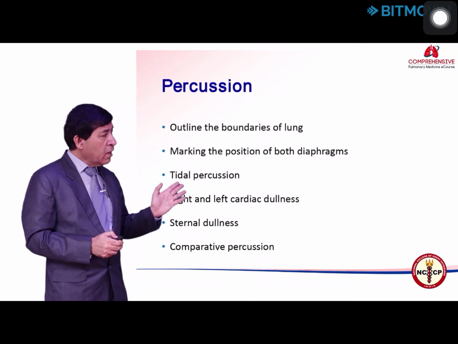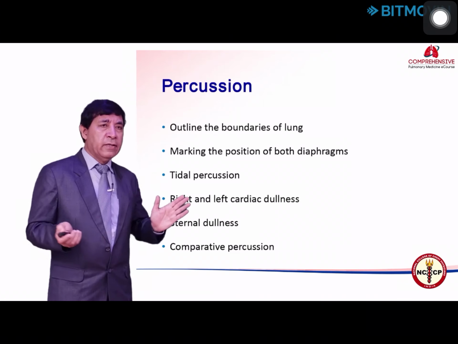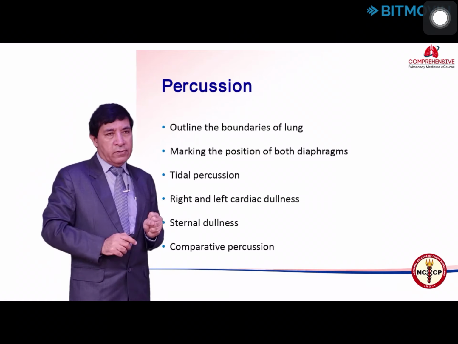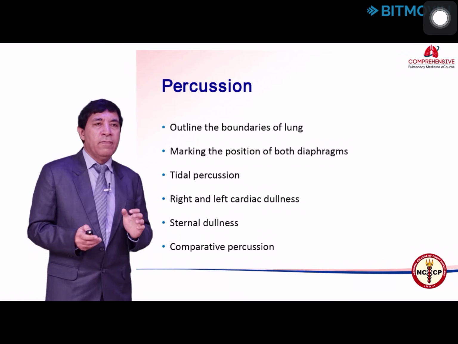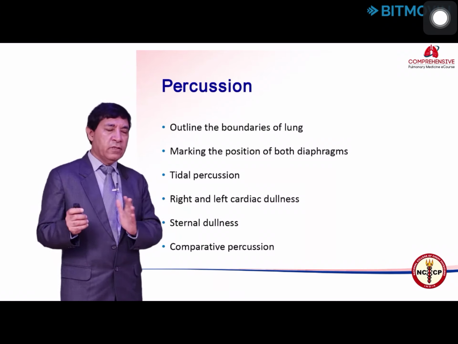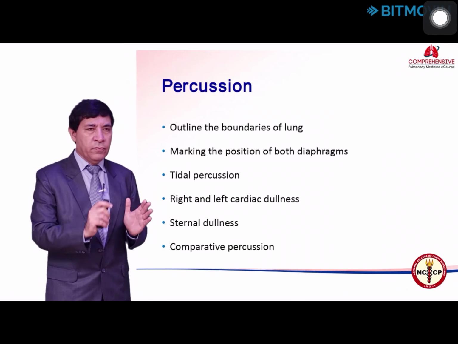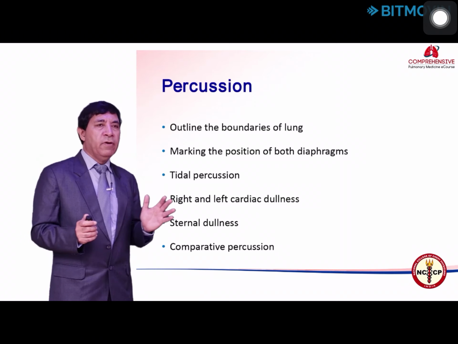So, after the tidal percussion, the next thing you have to see is the right and left cardiac dullness. It is a very important thing, because when there is a disease of the lung, there is a shift of the mediastinum, and these cardiac borders, if you mark them, will shift accordingly.